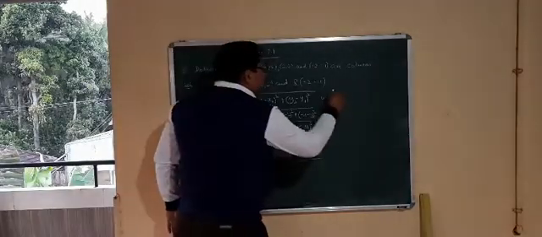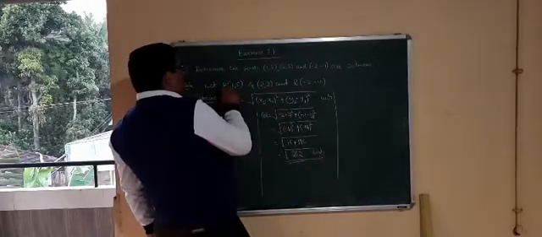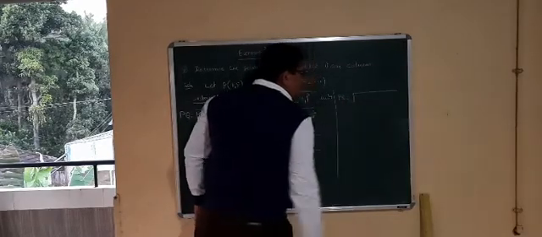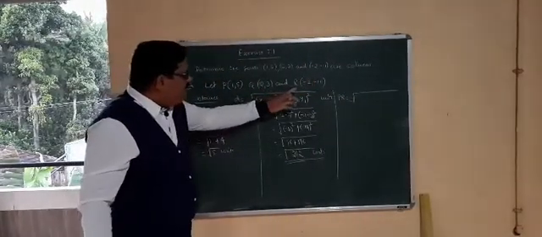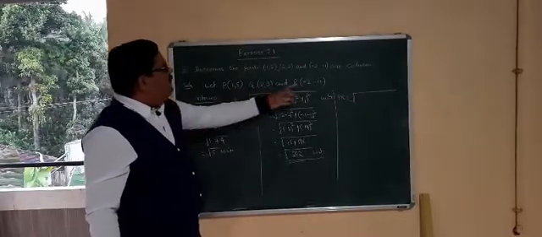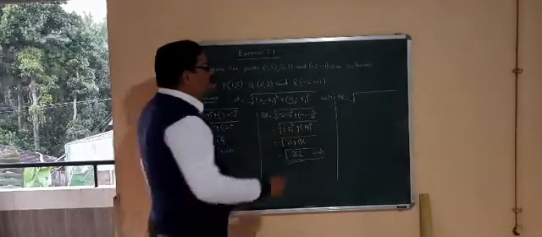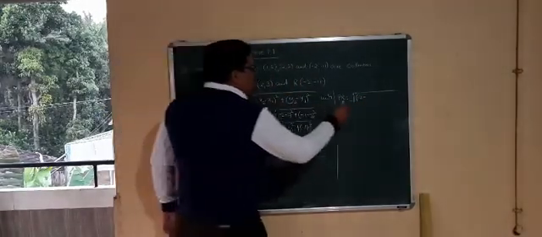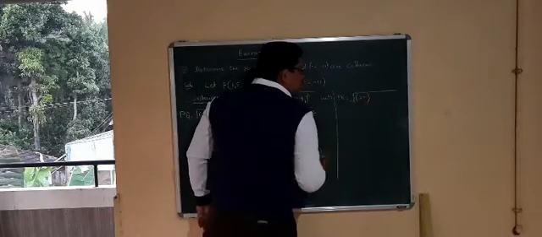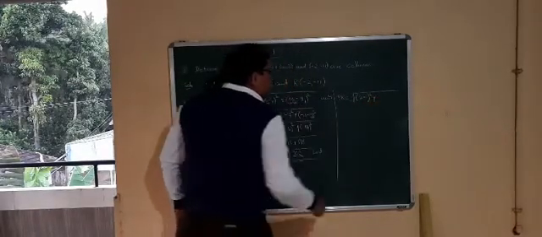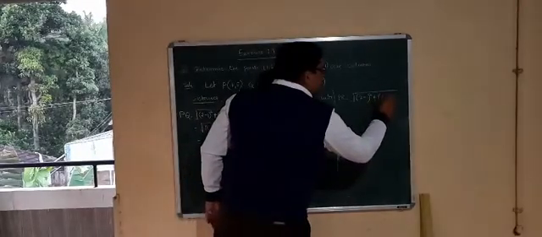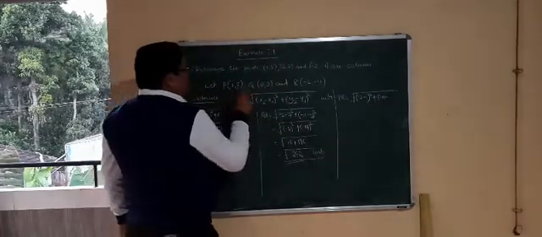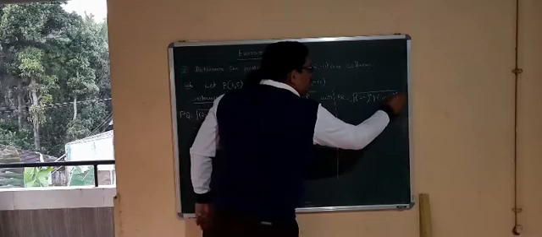Next, the distance between the first point P and R, that is PR. We have to use the same distance formula, taking this one as x1, y1 and this one as x2, y2. So x2 value is minus 2 minus x1 value is 1, that is (minus 2 minus 1) square, plus (y2 value minus 11 minus y1 value 5) square.